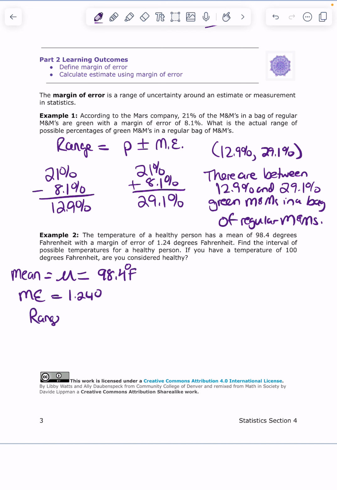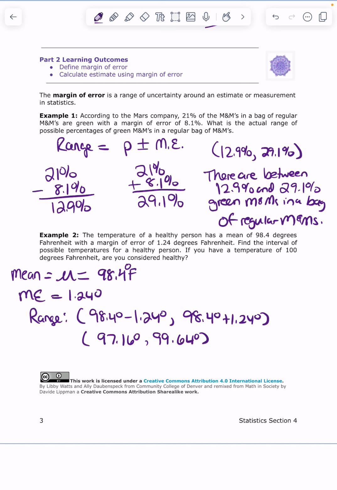So remember, our range is calculated by taking the 98.4 degrees and subtracting 1.24 degrees, and then also adding the 1.24 degrees. And that works out to be 97.16 degrees Fahrenheit to 99.64 degrees Fahrenheit.